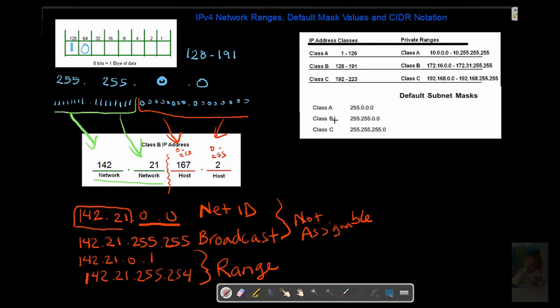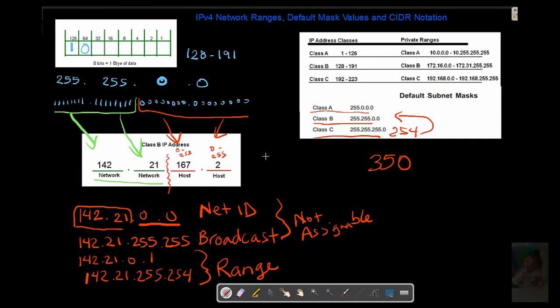So as you can see, if we are using just default masks, and we have over 254 hosts to put into a network, from a default standpoint, we have to move back up here to a B. To move to a B, that means, let's say we needed 350 addresses.